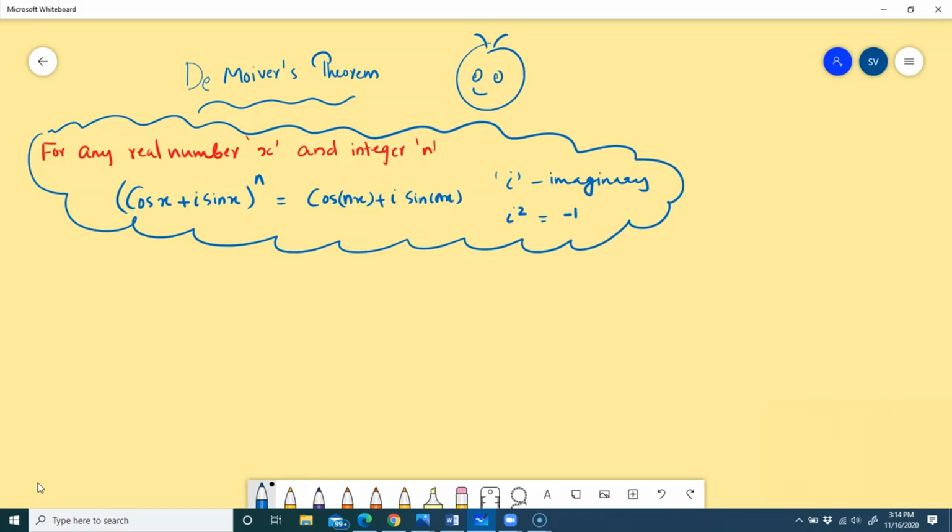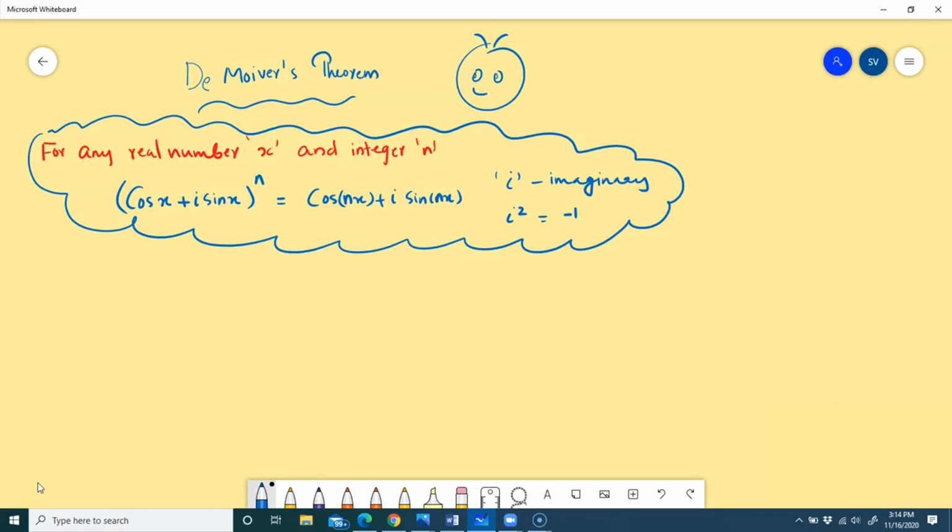It can be used to solve a lot of trigonometric problems, and we can connect trigonometry to complex numbers using this formula. Another thing is, this formula is not valid for non-integer powers. There are exceptions, but this is the general information. For non-integer powers, this formula will not work.